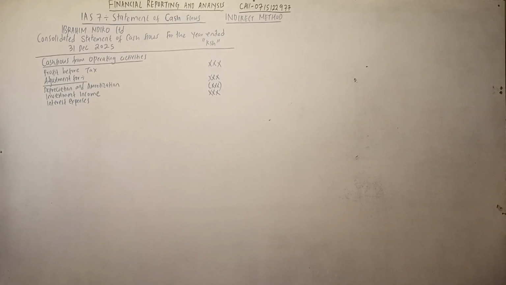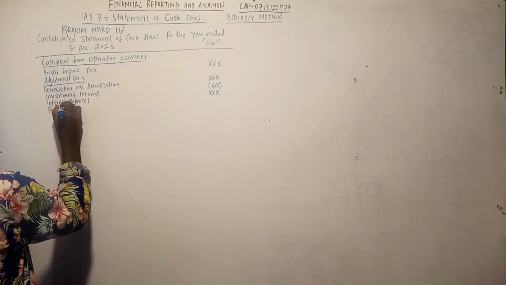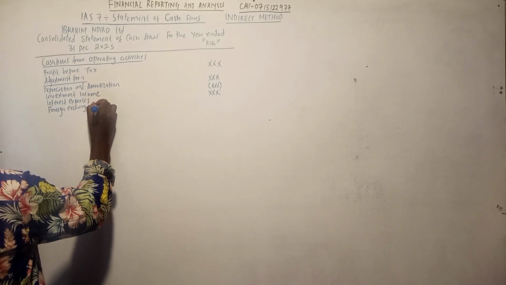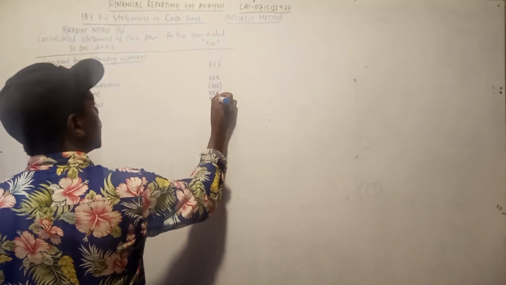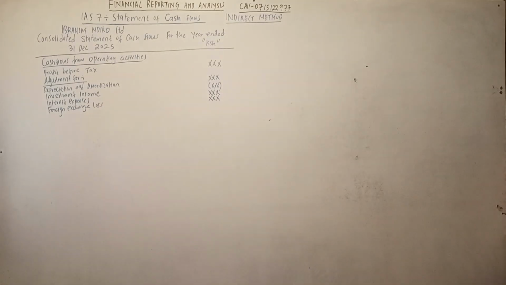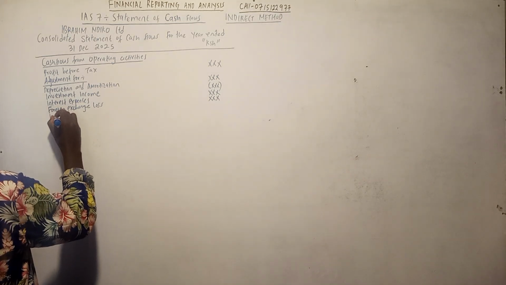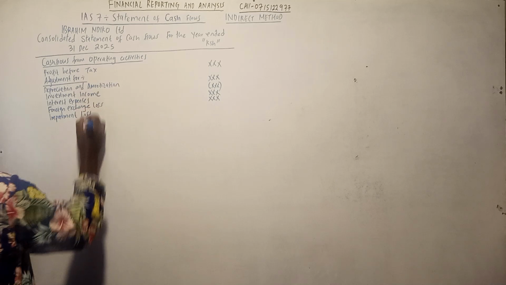We have the foreign exchange loss. It was deducted, so we add it back. What else can we have? We have the impairment loss.